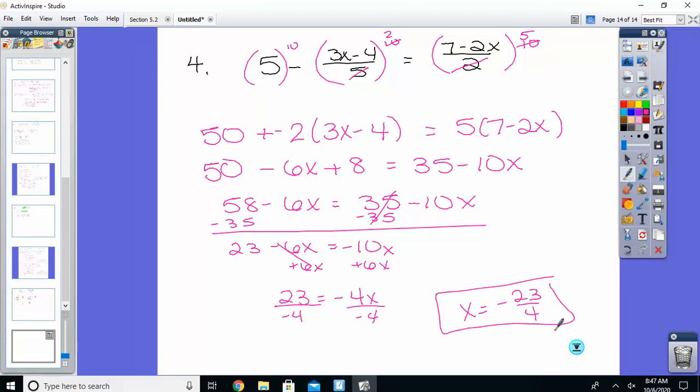I didn't ask you to identify these, but if you get a solution, what's the label for that? If you get a solution, if you get x equals, that's a conditional. It's true under the condition that x is this number.